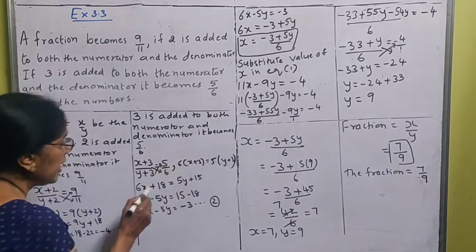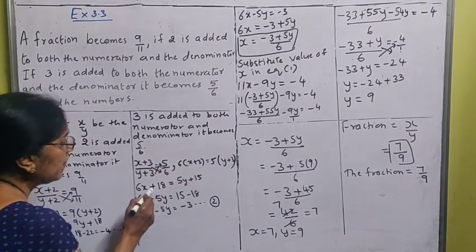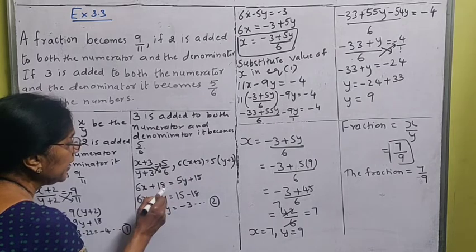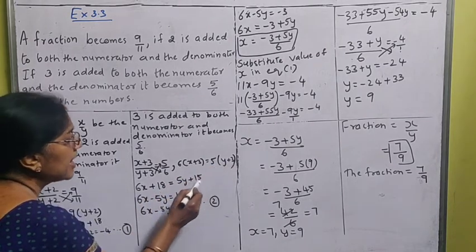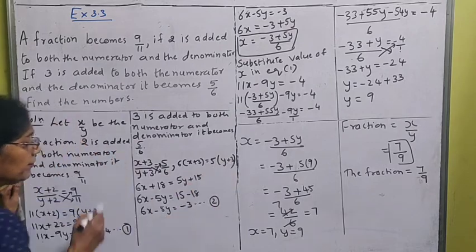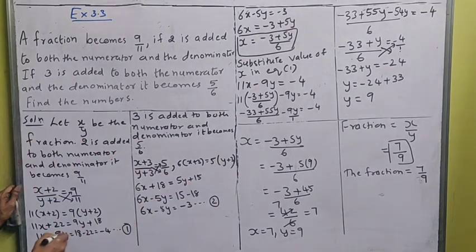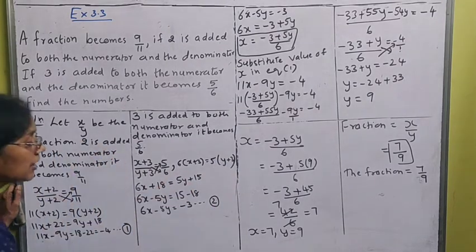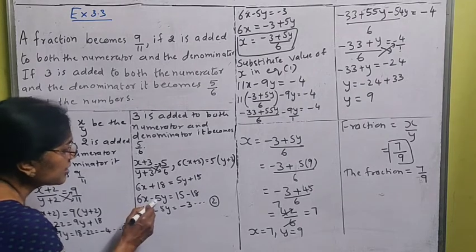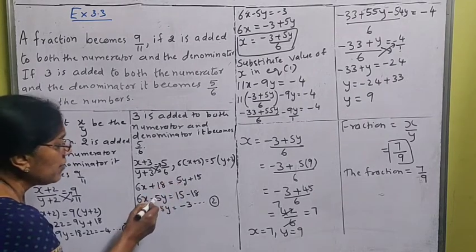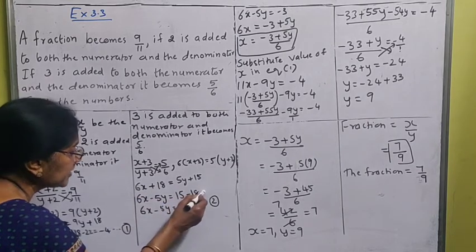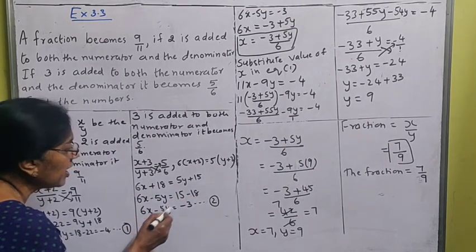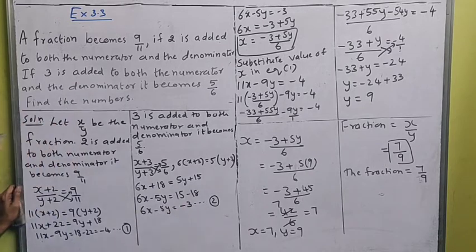So 6 into x, 6x plus 6 into 3, 18, is equal to 5 into y, 5y plus 5 into 3, 15. Bring 5y to the left hand side and take 18 to the other side. 6x minus 5y, because plus 5y will become minus 5y, is equal to 15, plus 18 will become minus 18. 6x minus 5y is equal to minus 3 is your second equation.